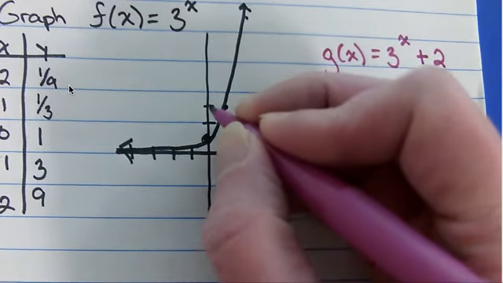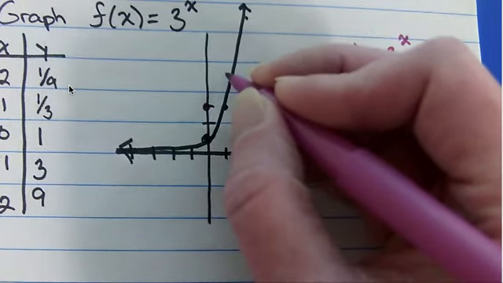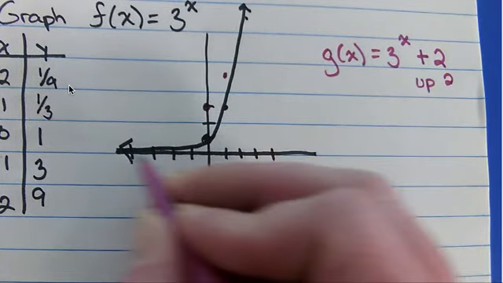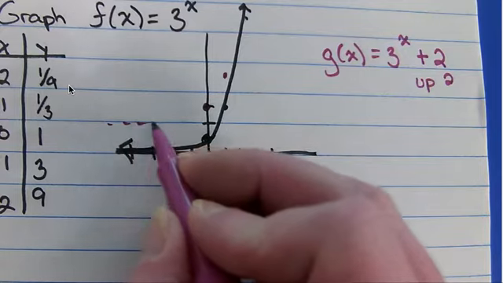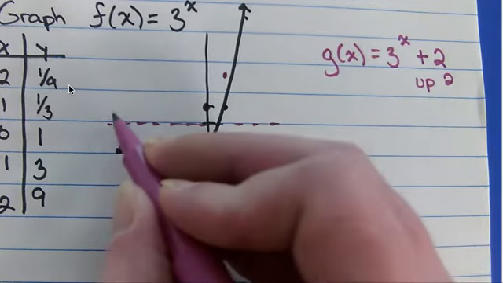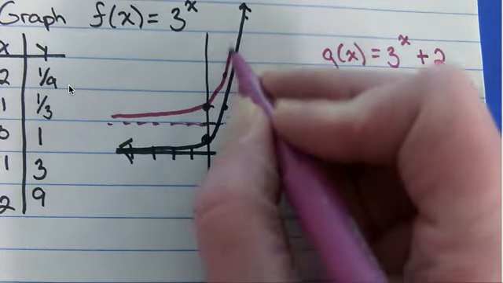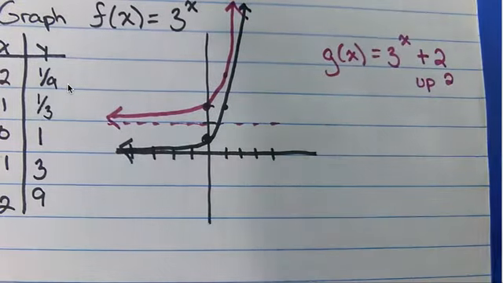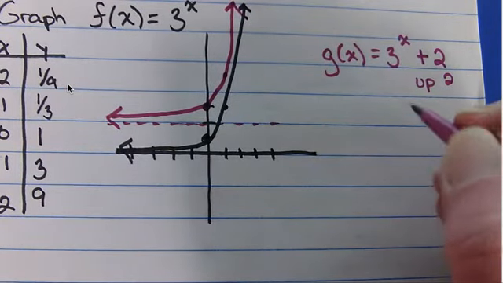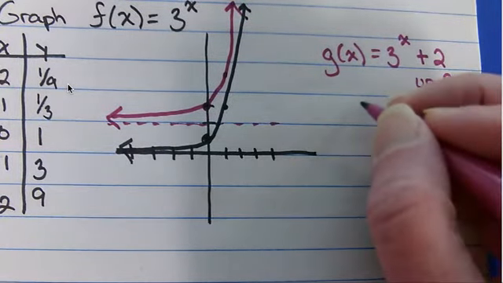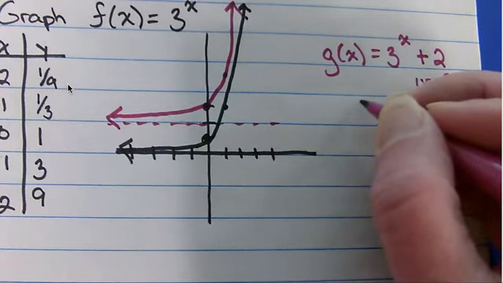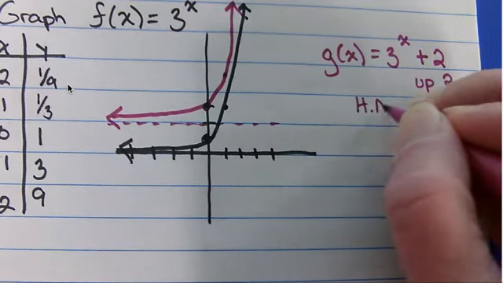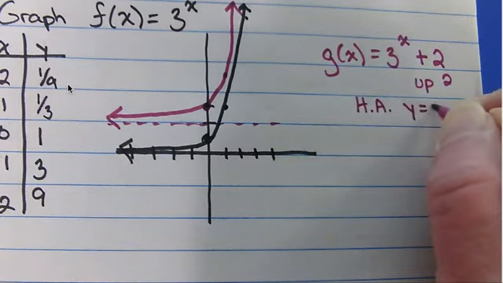So I'm going to take every point and go up 2, up 2. And even this horizontal asymptote would move up 2. So almost everything's the same. The range would change and my y-intercept would change because the horizontal asymptote is now at y equals 2.